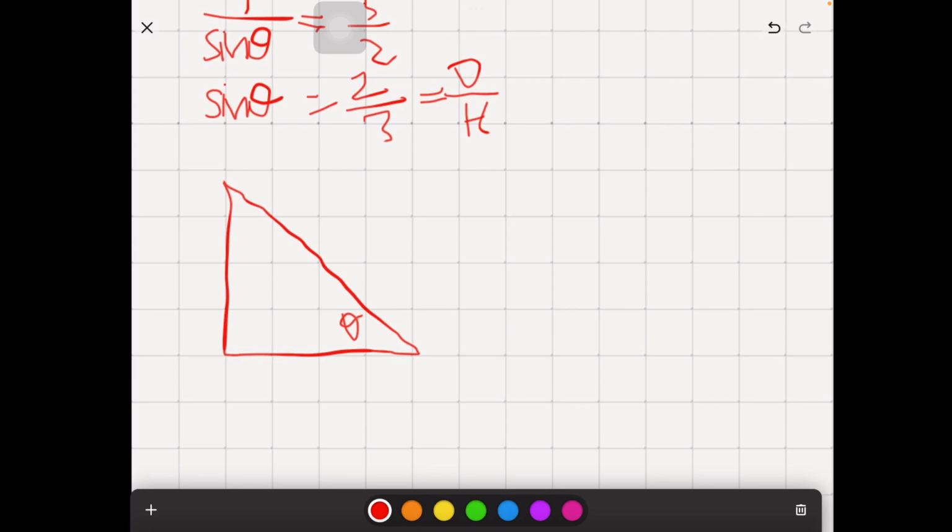That means that 2 is the opposite side from theta, so this side here, and 3 is the hypotenuse. Now we can fill in the missing side using Pythagorean theorem. So 9, which is 3 squared, minus 4, which is 2 squared, is root 5.